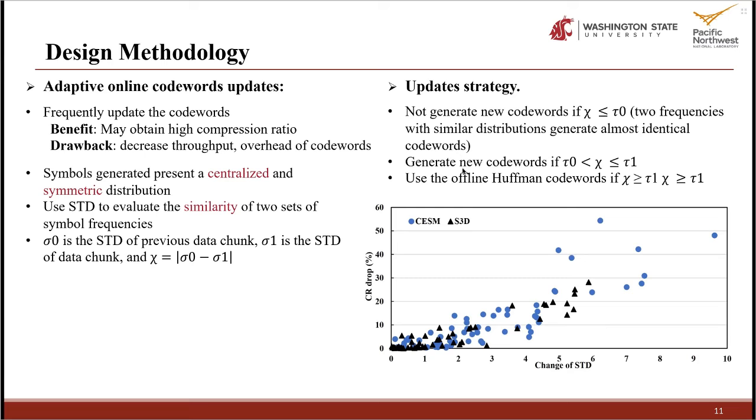Then we will generate new codewords if C is larger than tau 0 and smaller than tau 1. We will use the offline codewords if C is larger than tau 1. Also, as shown in the figure, our experiments show this trend. The larger the change of the STD, the higher the compression ratio drop.